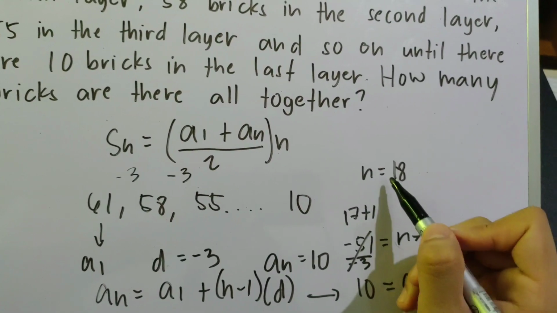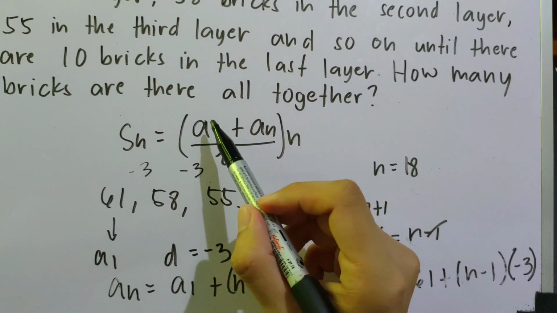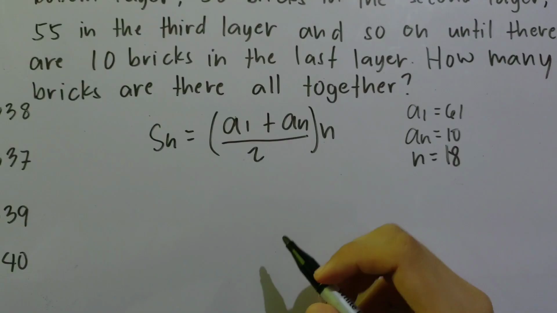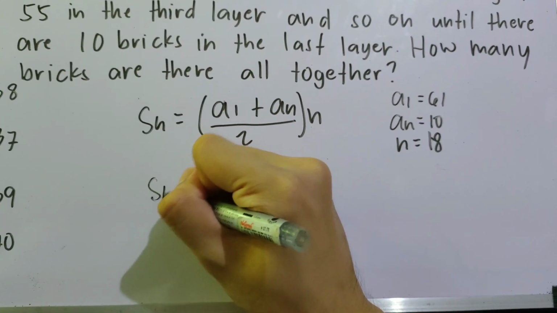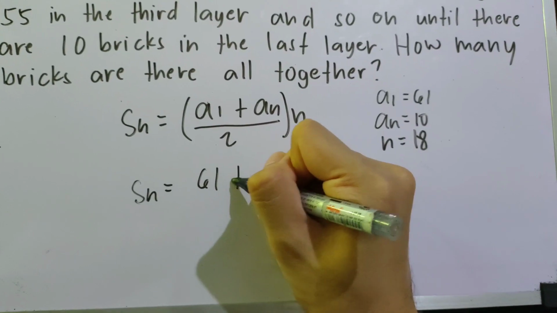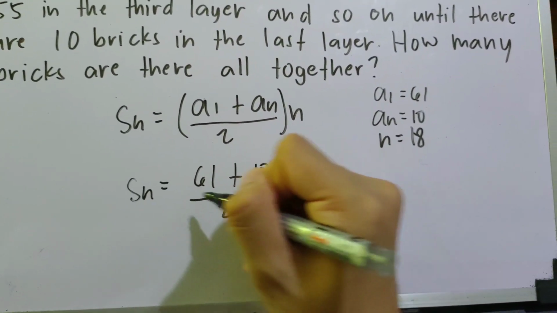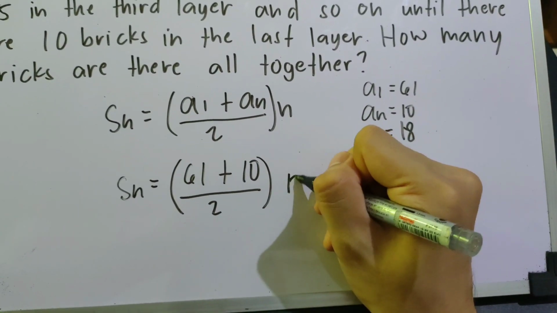So, since meron na tayong n, meron na rin tayong an, which is yung 10, at meron na tayong a1, which is 61. Masasolve na natin yung sn. So, i-substitute natin yung mga values dun sa formula. So, ang sn natin is equal to a1, 61 plus yung an natin na 10, divided by 2, times yung n natin, which is 18.